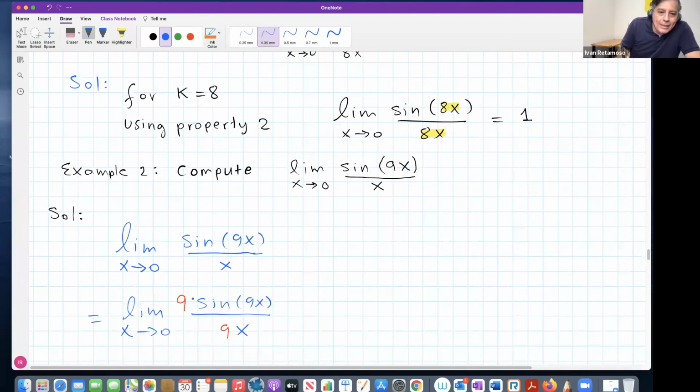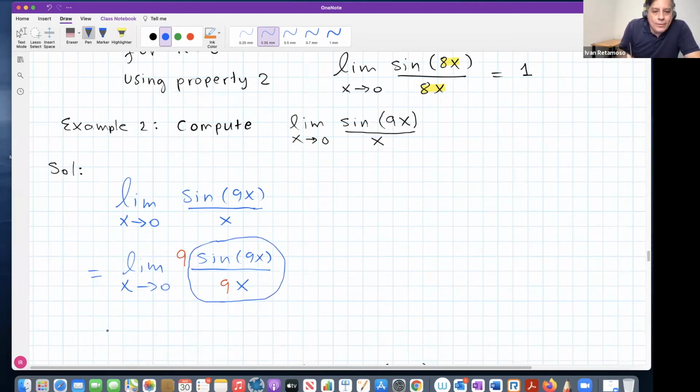Now, separate this 9 from this part using the so-called constant multiple rule. Take this outside of the limit, and then you will end up with this: sine of 9x over x.